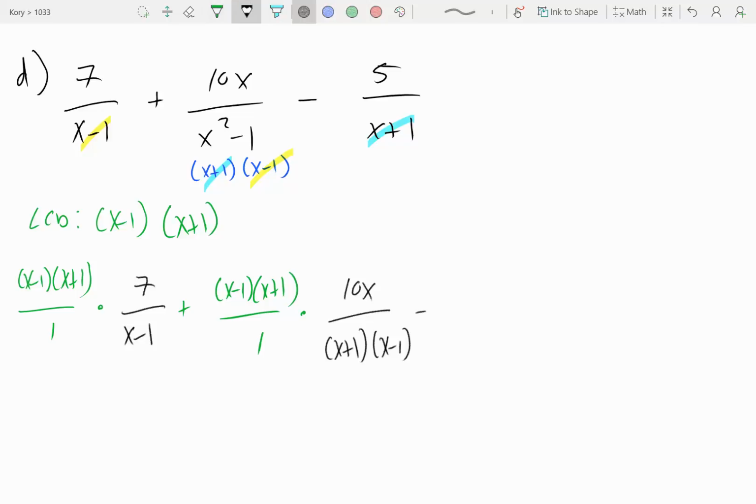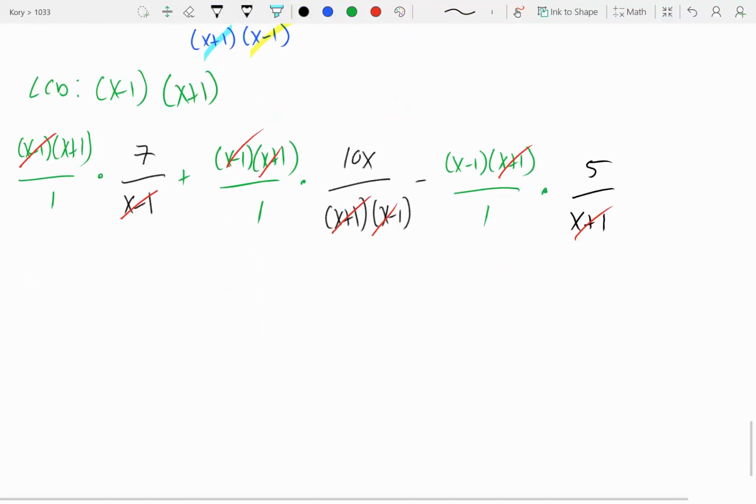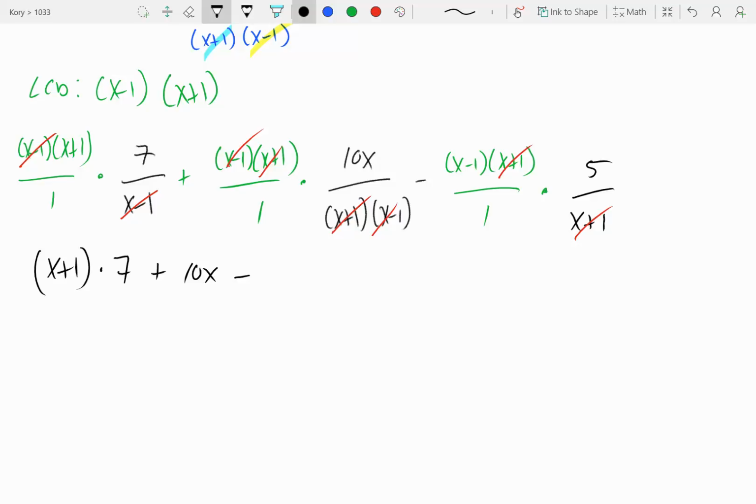And that's minus our LCD, (x minus 1)(x plus 1) over 1 times 5 over x plus 1. Now we're going to cancel stuff out that is identical. Let's write what we have left over. So we have (x plus 1) times 7 plus 10x minus (x minus 1) times 5.